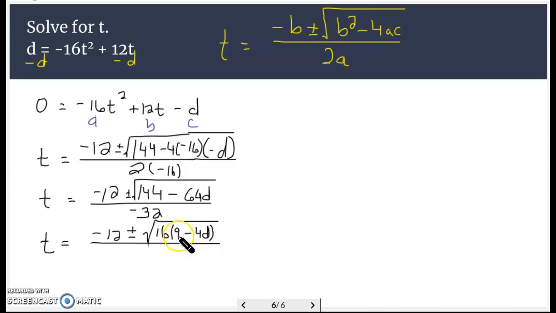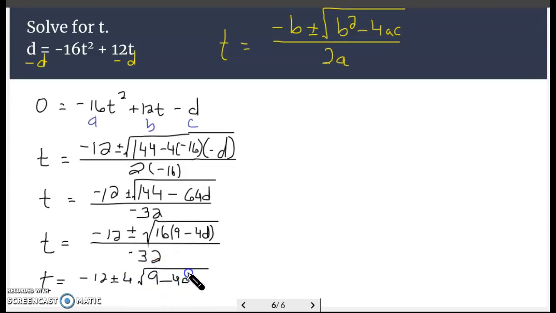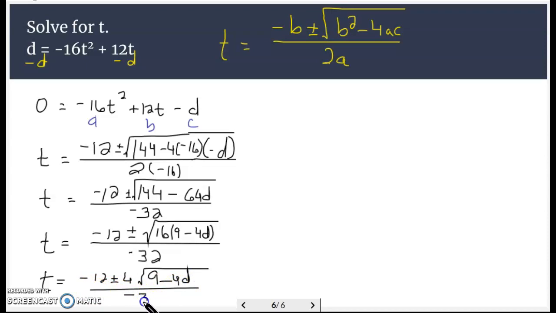Coincidentally, 9 and 4 are perfect squares, but they're a package deal. We need to keep those together since they're inside of parentheses. We can take the square root of 16, however. We'll take the square root of 16 to get 4: negative 12 plus or minus 4 square root of 9 minus 4d, all over negative 32.